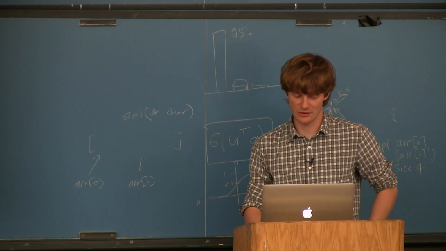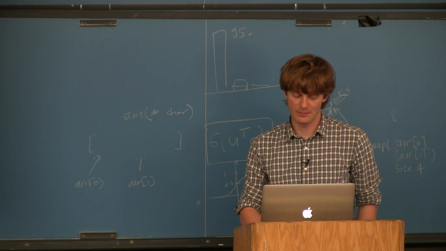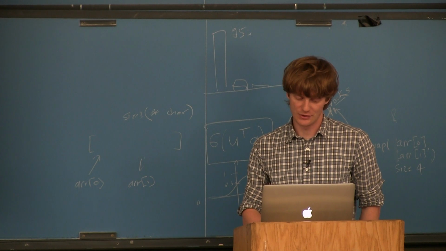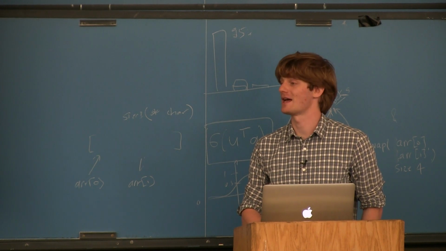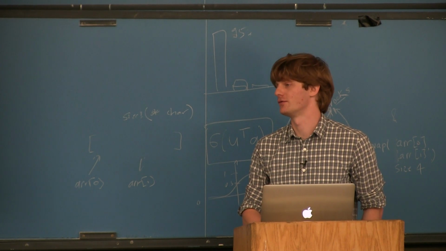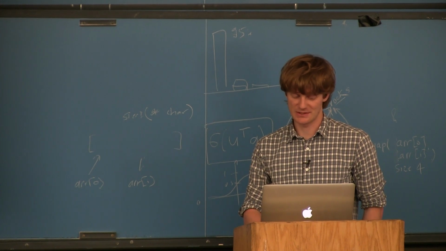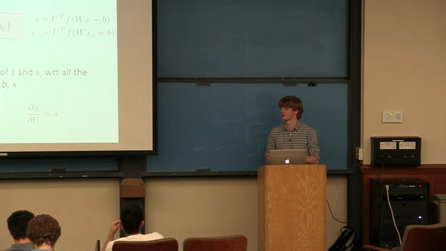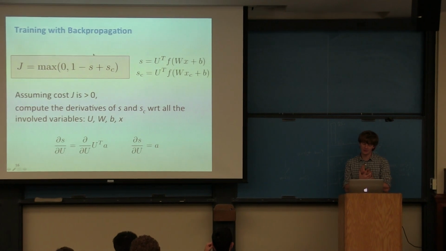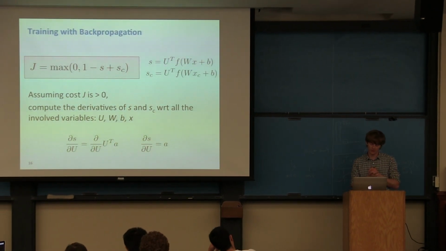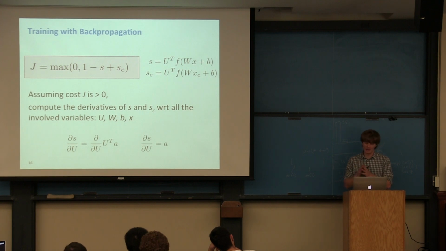So you could, for instance, have the corrupted one here be a sum over these, where you take the score of all the other classes that are wrong and you want to lower all of those scores and just maximize the one score of the correct class. Another interesting problem that we'll encounter in the next lecture is the so-called vanishing gradient problem.